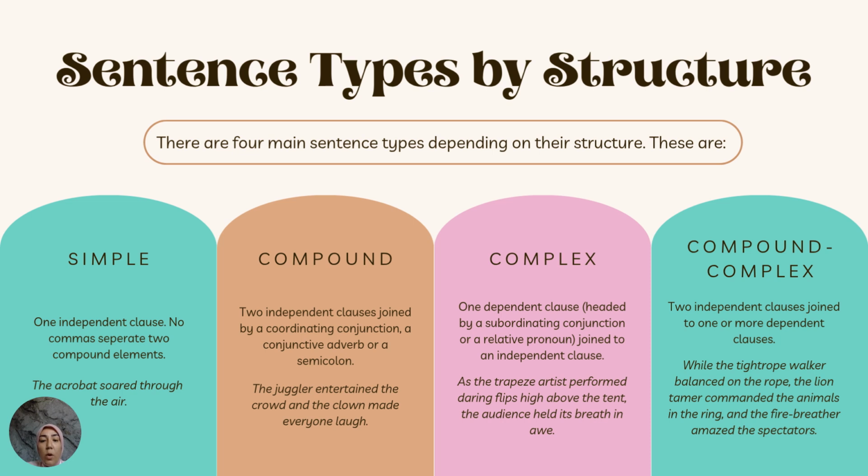While the tightrope walker balanced on the rope, this is dependent clause, the lion tamer commanded the animals in the ring, this is first independent clause, and the fire breather amazed the spectators. This is the second independent clause. So, compound complex sentences usually have three clauses, one of them dependent, and the rest independent clauses. These were the types of sentences by structure.